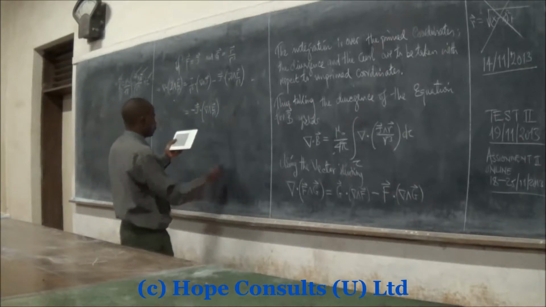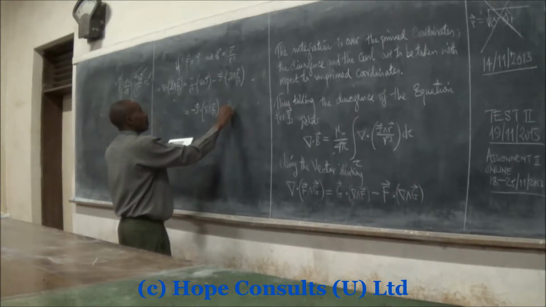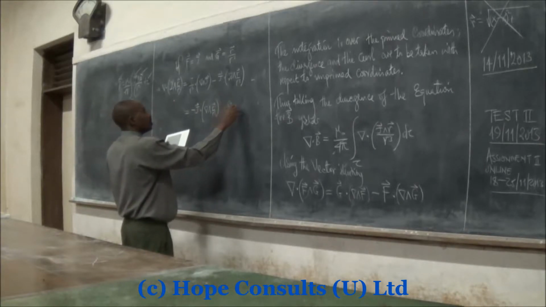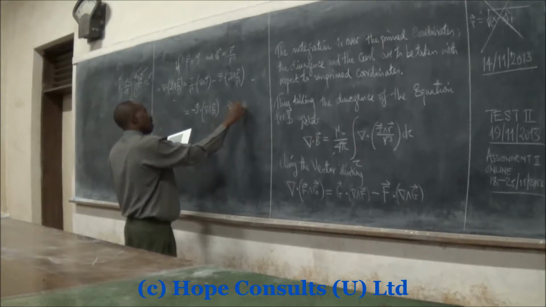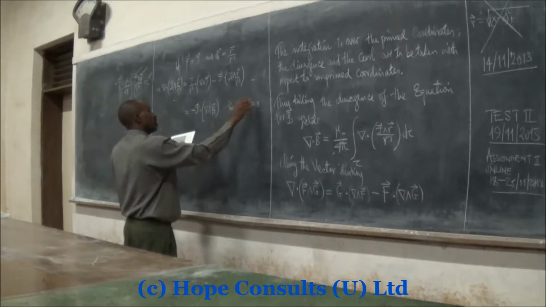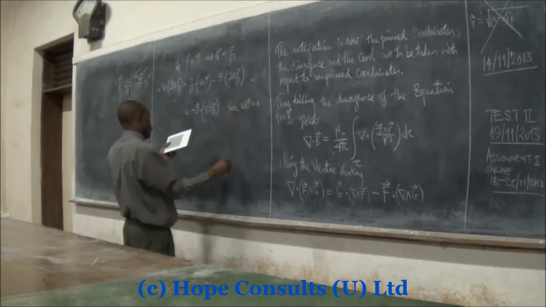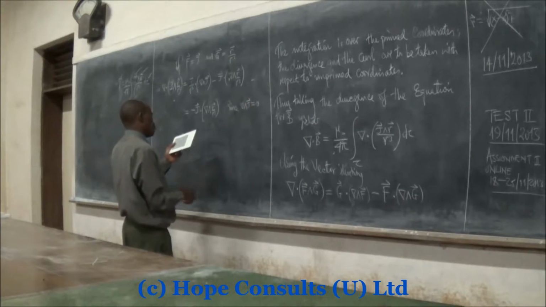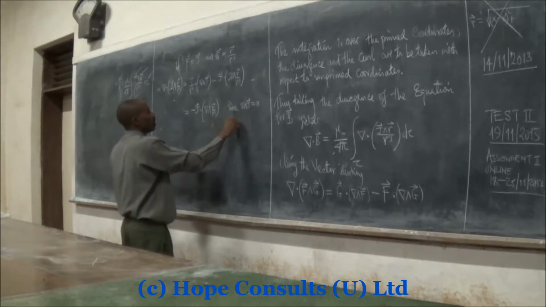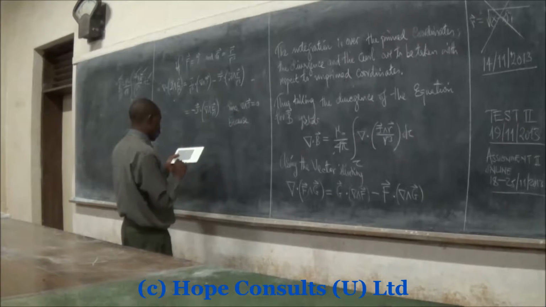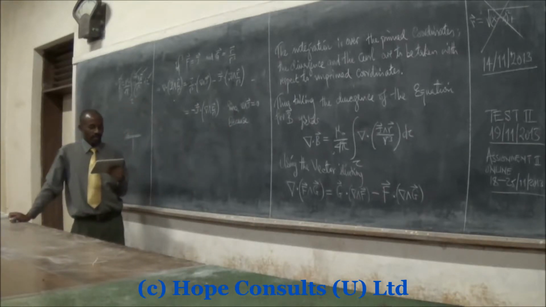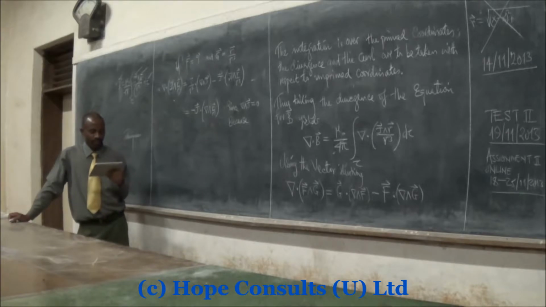Since the curl of J is equal to 0, since the curl of J is equal to 0, because why would we have the curl of J being equal to 0?